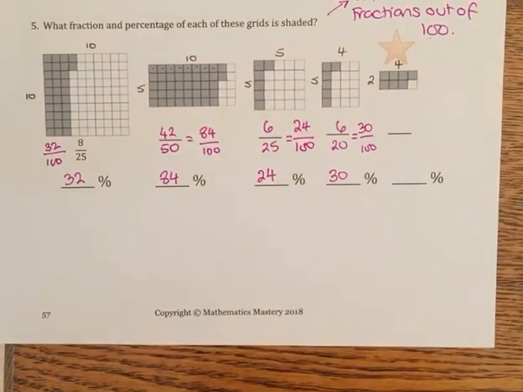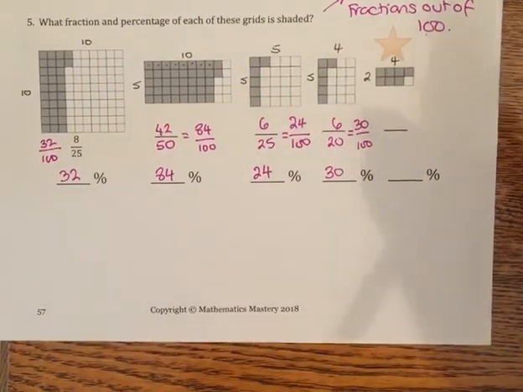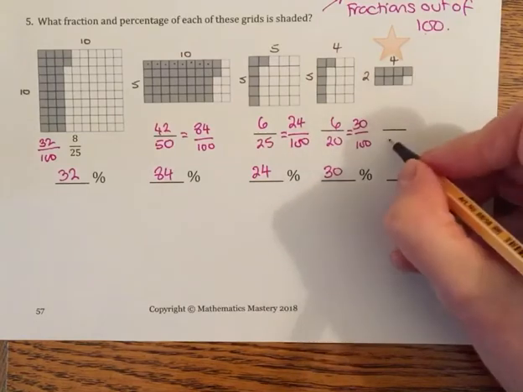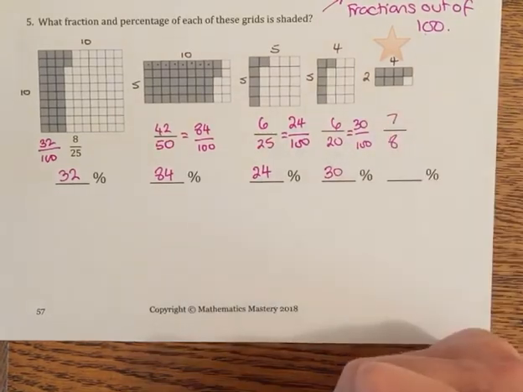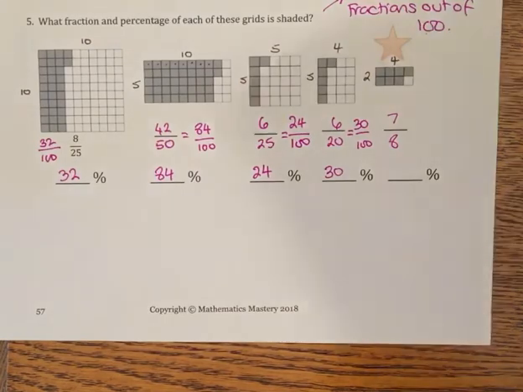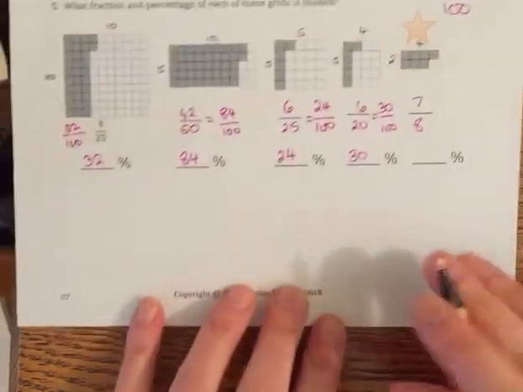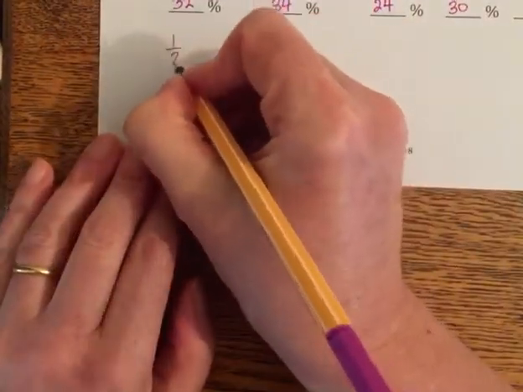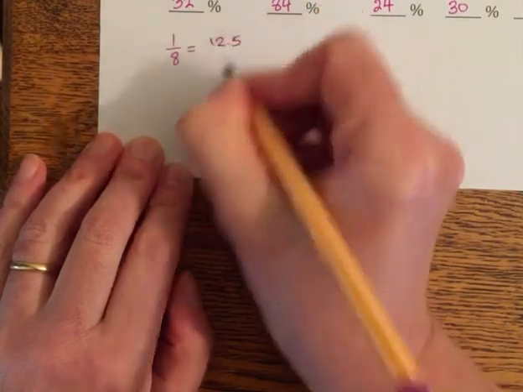This one's the starred question. If you got this right, absolutely fantastic. If you looked at this and turned and ran away screaming, I don't mind either because this is the hard one. So let's have a look at this. It's out of 8 and we've got 7/8. And you might have remembered from the beginning that 1/8 is 12.5%.